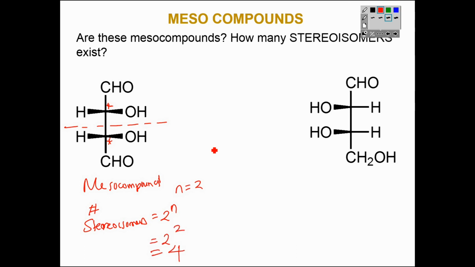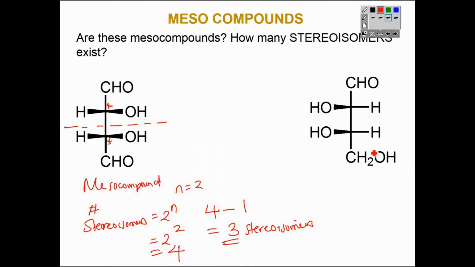But since it's meso, the true answer is 4 minus 1, so it's going to be 3 stereoisomers. Because 2 of the 4 stereoisomers drawn are the same thing, the same compound with the same RS assignment, so you take only 3 of them to be valid, completely different from each other.